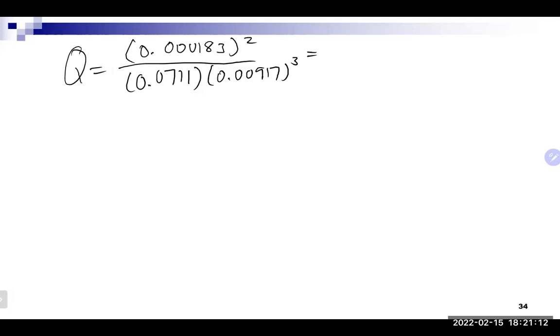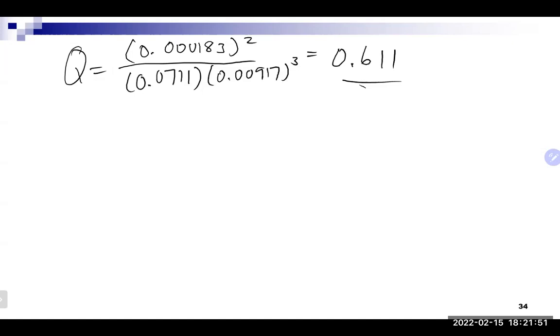I missed a zero, so we'll try that one more time. 0.000183 squared, divided by 0.00917 cubed and divided by 0.0711. There we go. 0.611 looks like our Q value in this particular case.